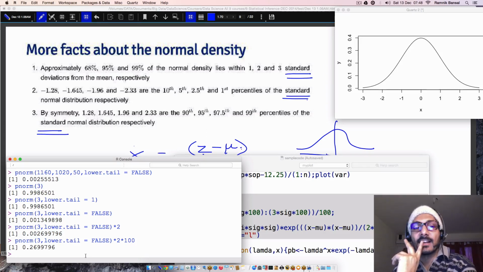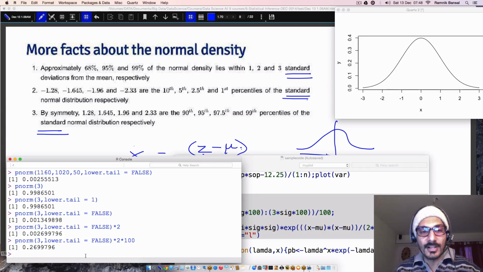Lavita, maybe you would have gone through it. 99.7 percentile, right? So we've got our answer correct. Here he's saying 99 percentile, but it should be 99.7 percentile.